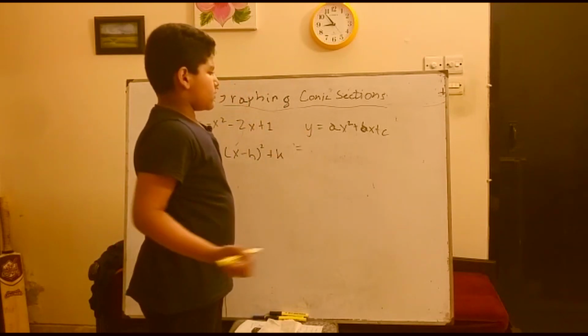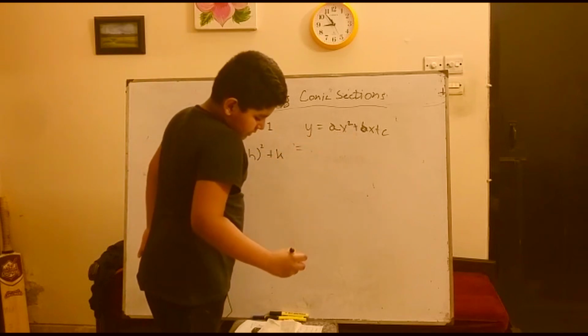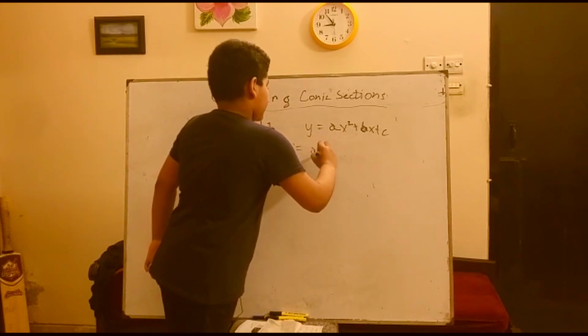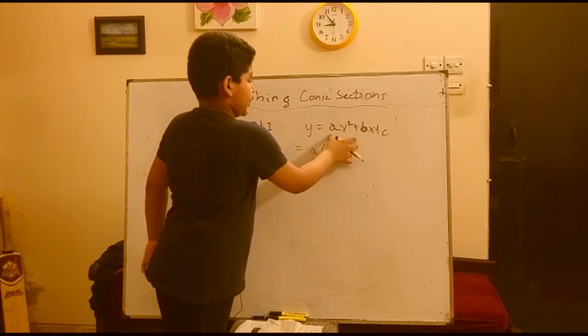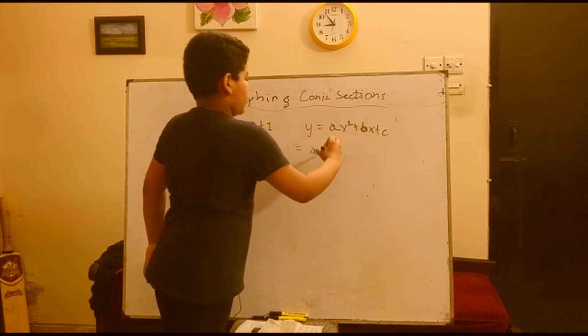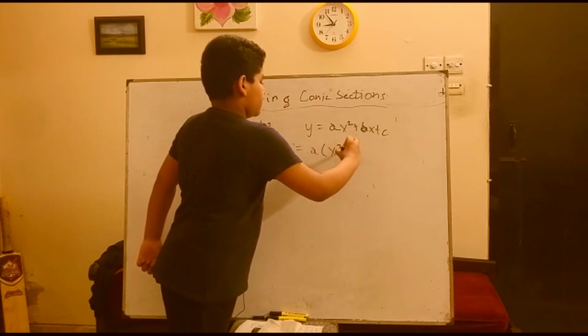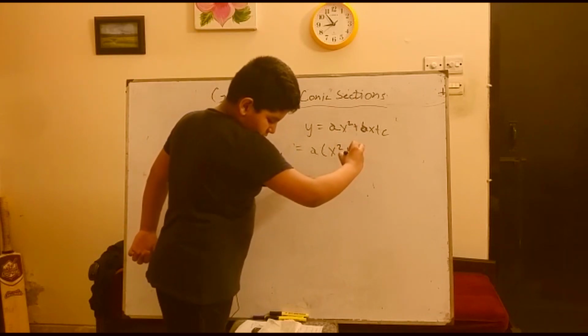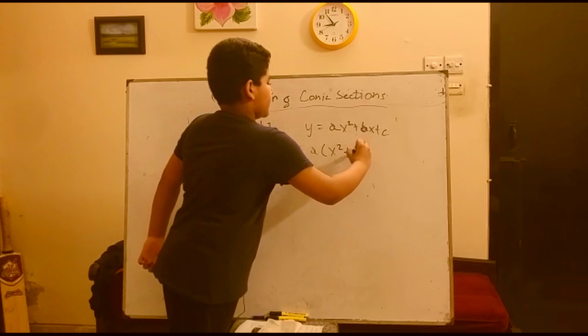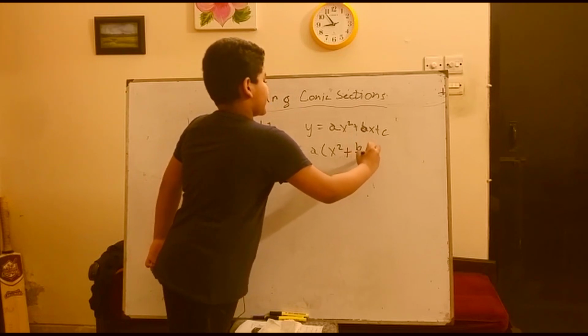first completing the square, we have to put it like this, take the a out of the group. So we're putting a times the group x squared plus b over a x.